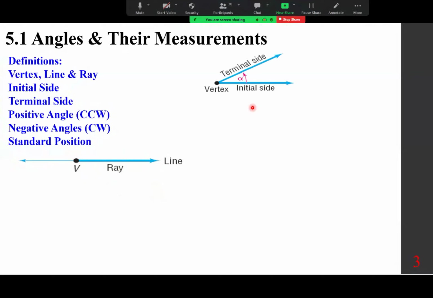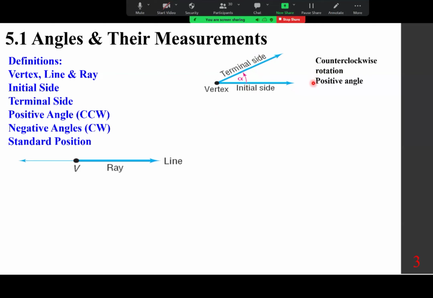When we look at this case, the initial side is along the positive side of the x-axis, counterclockwise, like so.